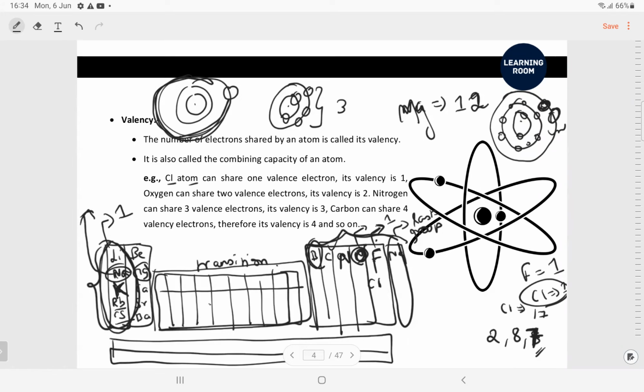So there is only 2. Here is the number of electrons for calcium.